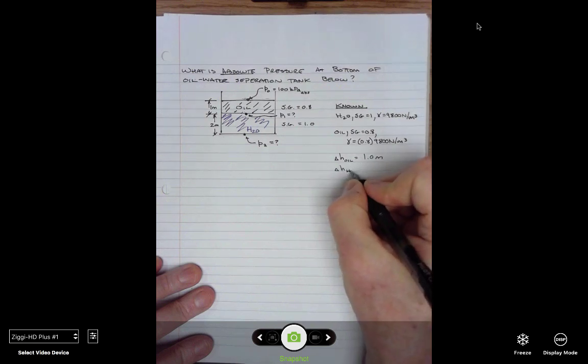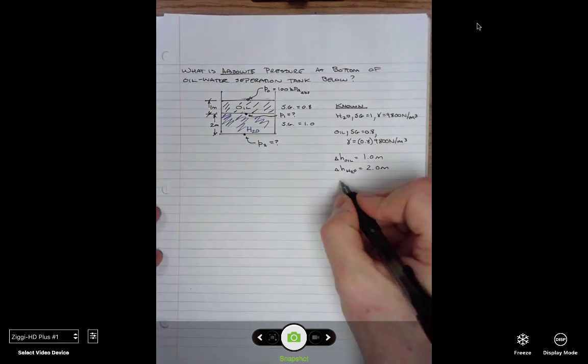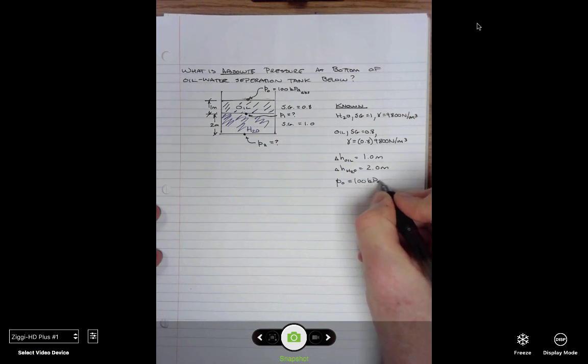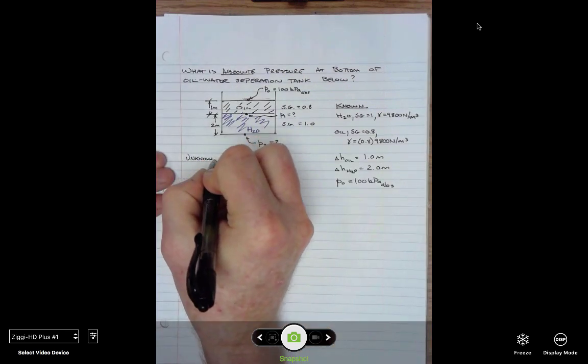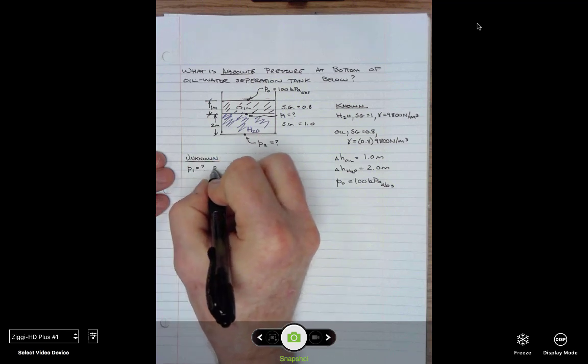Depth of the water is 2 meters. And we've arbitrarily set our top pressure at 100 kilopascals absolute. Unknown: P1 and P2.